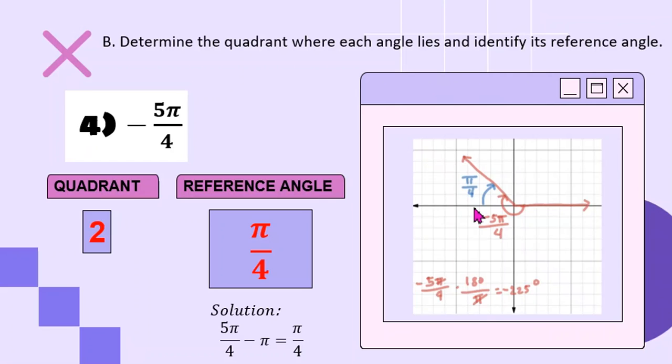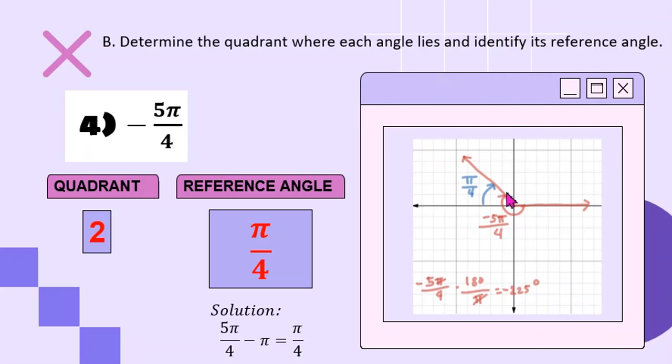Going this, that's negative 90. Going this is negative 180. And going here, that's negative 270. Again, remember the 90 degrees interval. And it's only negative 225. So from negative 180 here, we just need 45 degrees more for this one. So we have this part.